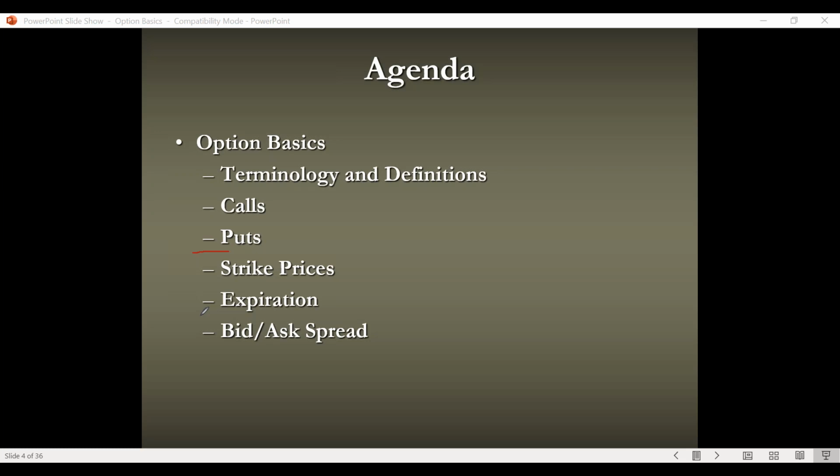Now, I'm going to tell you up front, if you're brand new to option trading, it's going to be a little bit confusing at first, and there's a lot of new things. Just like anything you get into, there are words you have to learn and get used to and know what they mean. But once you get it down, it's really easy.